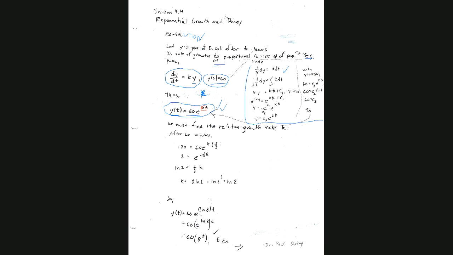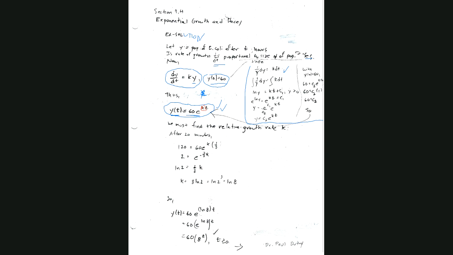That's right. Thank you, everybody, for your participation. So 60 cells, each cell divides into 2 cells every 20 minutes. So after 20 minutes, 60 cells becomes 120 cells.